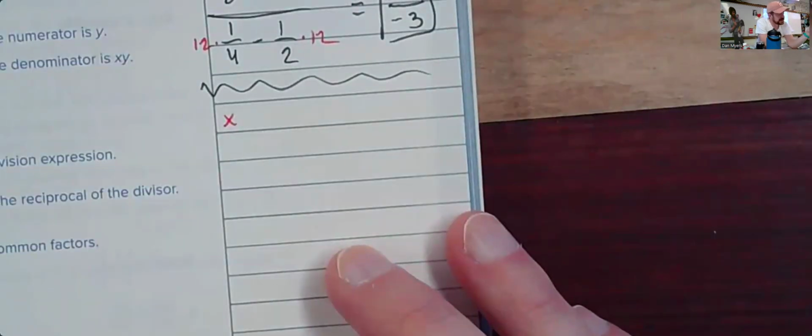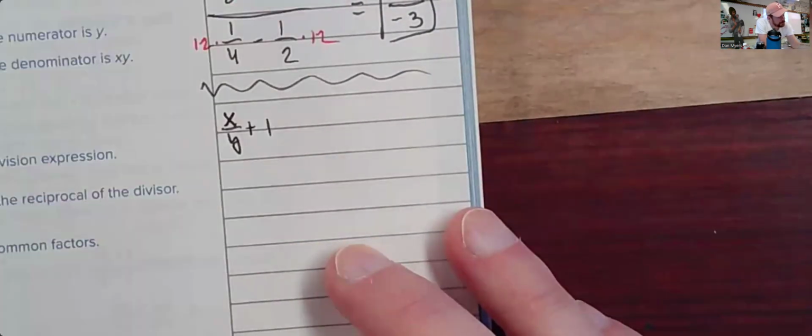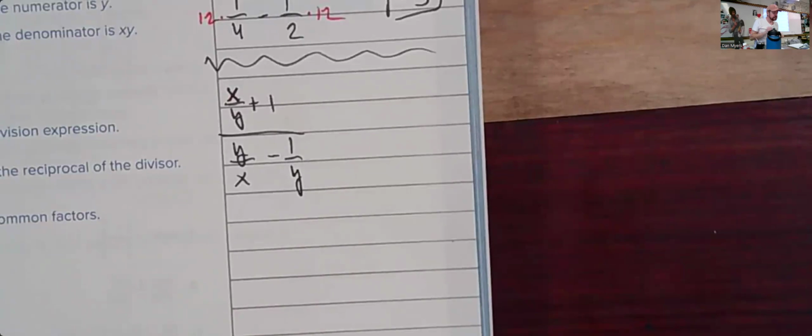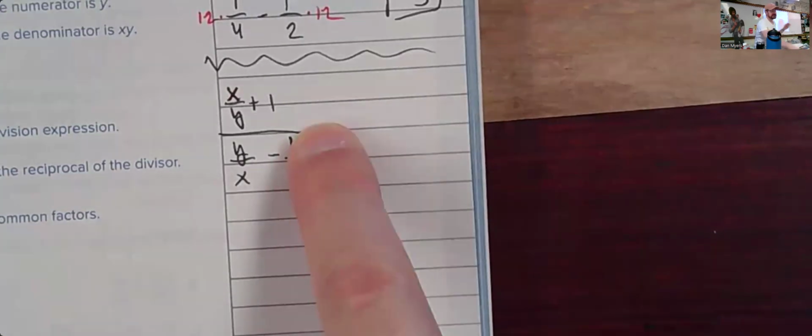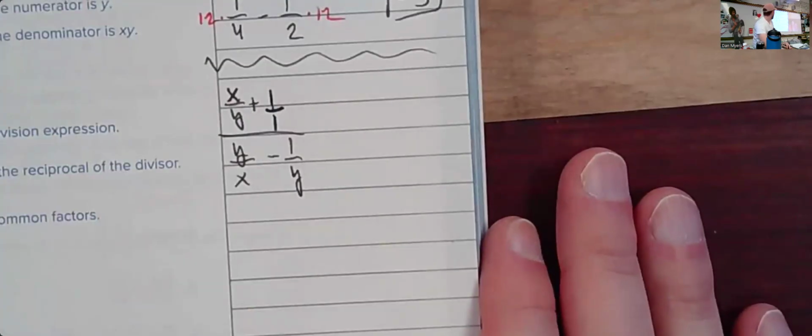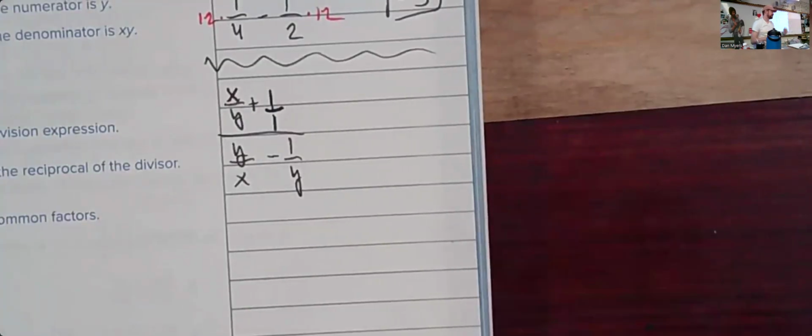So the problem we're looking at is, in black for this, x over y plus 1 over y over x minus 1 over y. And if you want to turn the 1 into a fraction, just have everything as a fraction, just put a 1 over 1. That's totally fine. Sometimes it makes it easier just from a visual perspective to write everything as a fraction.